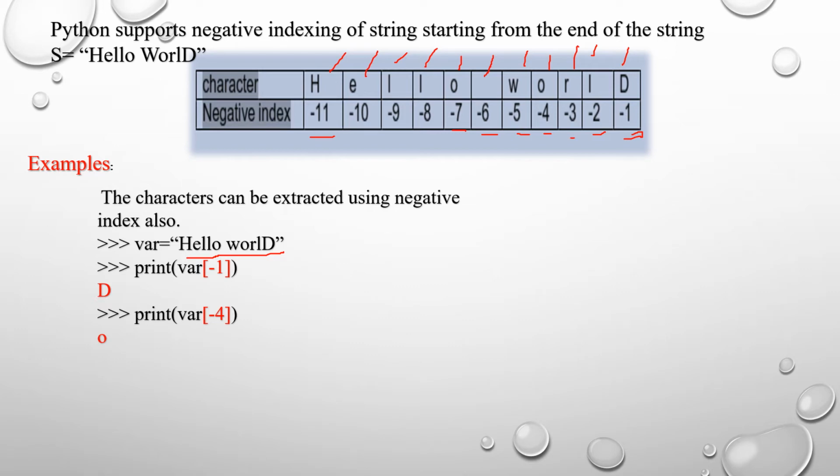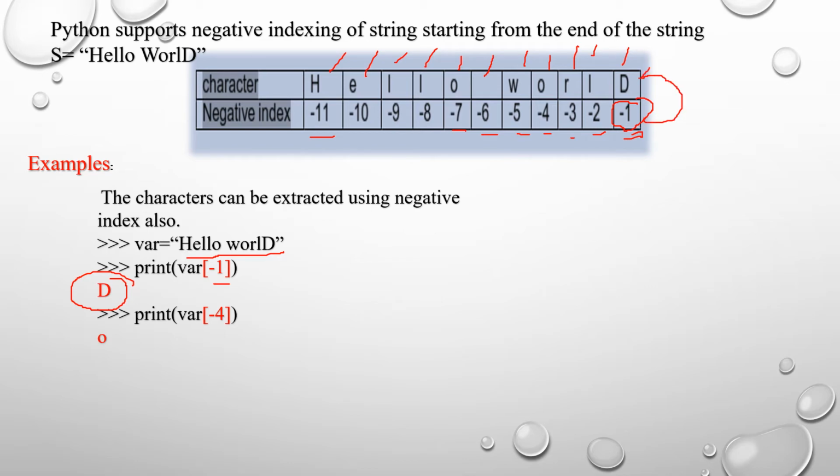After that we are going to print var[-1]. Within the square bracket we give the index number -1, and the interpreter is going to print d, because the character at index -1 is d.